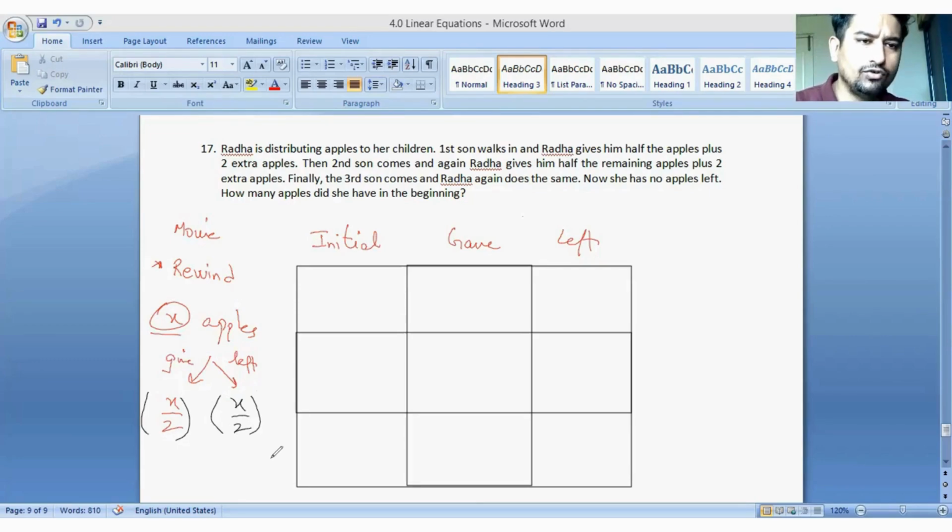If I have 20, I gave you 10, I will also be left with 10. So if I give you half the commodity, I will also have half of it. That means whatever I gave is equal to whatever I am left with. This is very important.